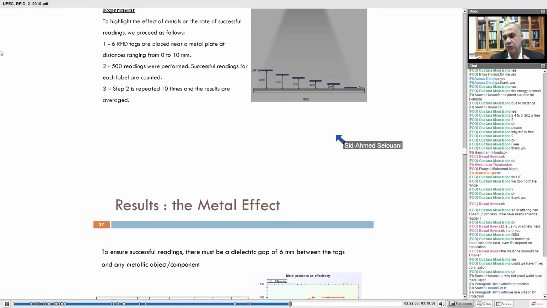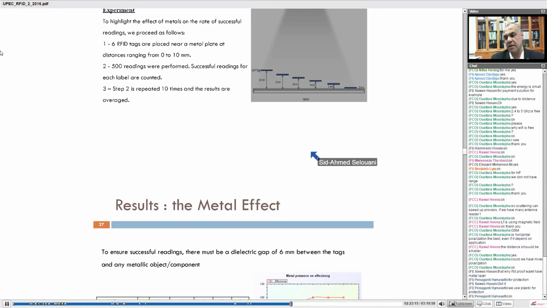I don't know if I can show you. Maybe I can show you. I will bring with me tomorrow something about that with plastic, because we did an RFID network with PC computers and laptops and so on. This is metallic, and we put RFID tags on them, and we use UHF.